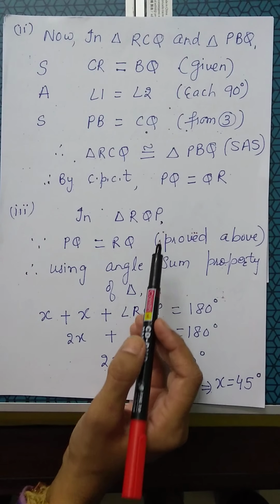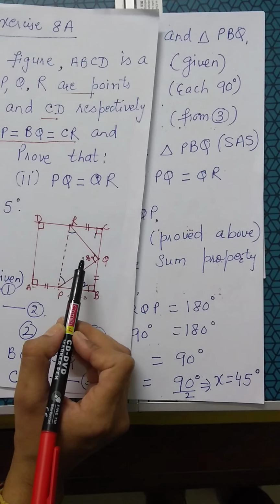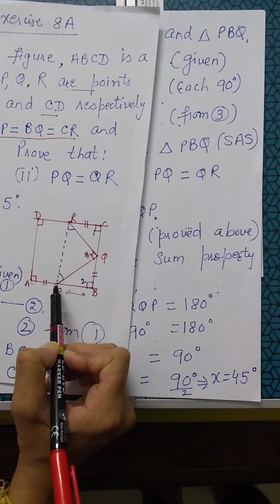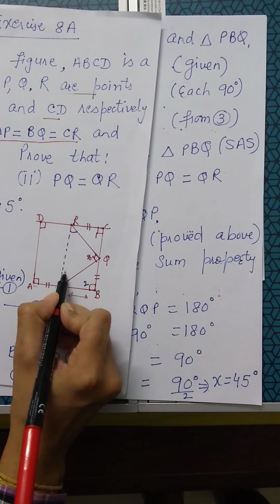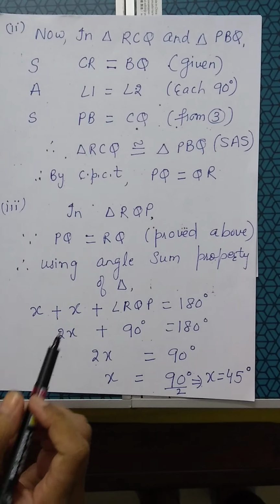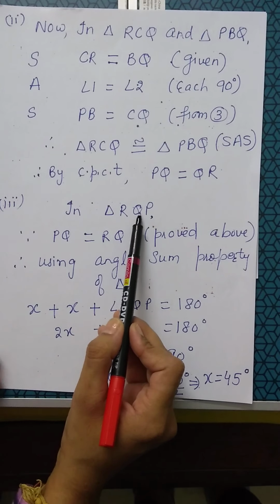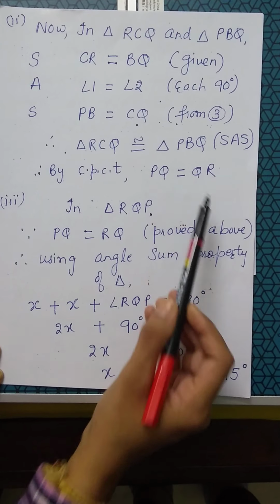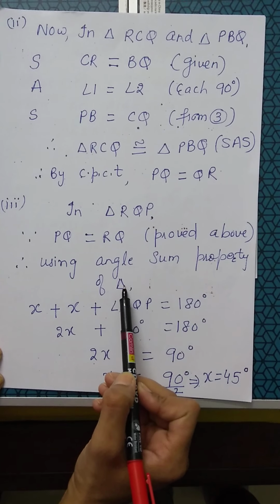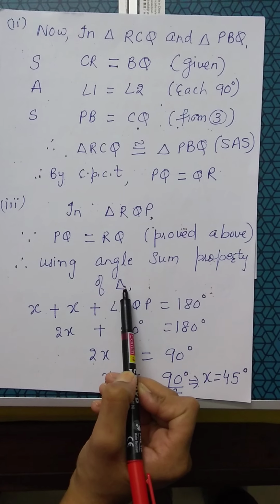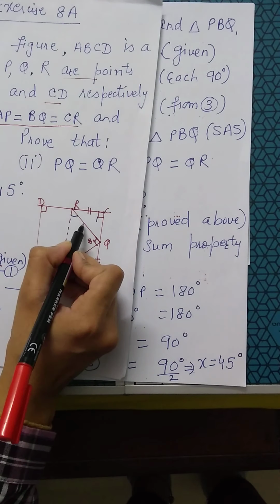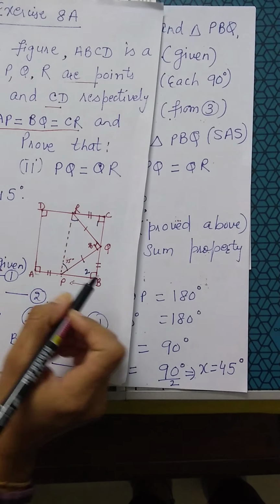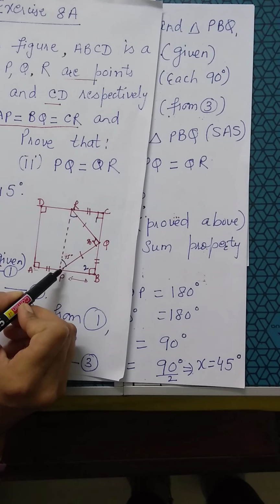Okay, now the third part, where I need to prove angle QPR is equal to 45 degrees. I will take triangle PRQ. I know PQ is equal to QR, we just proved. Now using the angle sum property of a triangle in triangle RQP, because these two sides are equal, equal sides will have equal angles opposite to them.